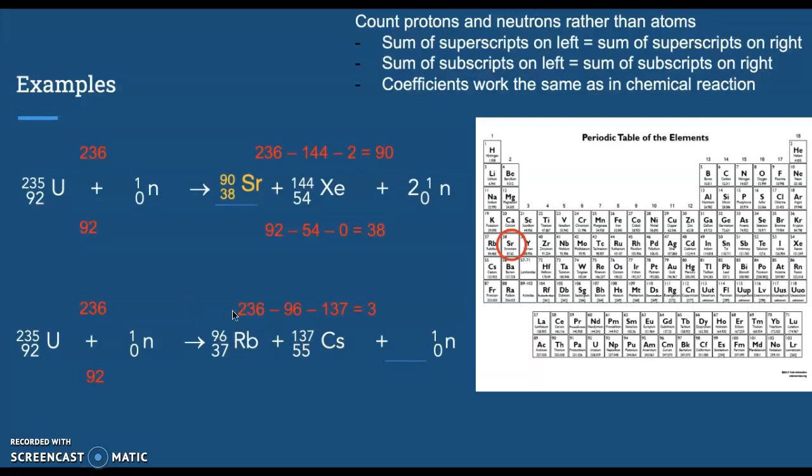So we do 236 minus 96 from the rubidium minus 137 from the cesium to get three units. For the bottom, we do 37 from the rubidium and the 55 from the cesium to get 92. And because 92 is equal to 92, we don't need to change anything. So to get 3 units for the top, we need a coefficient of 3 neutrons to balance everything.